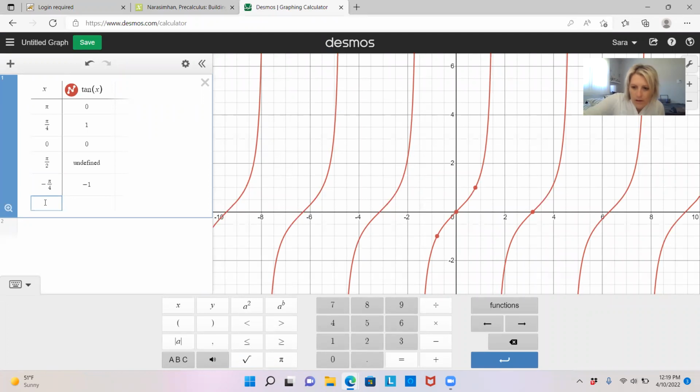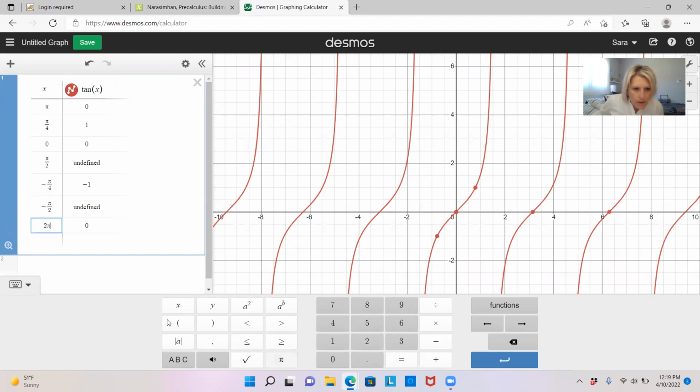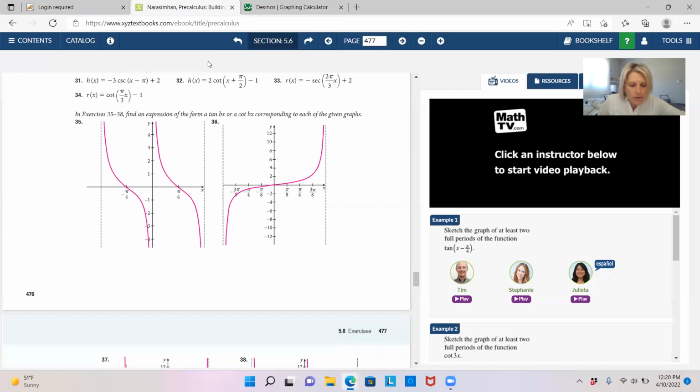Let's do a negative pi over 2. Okay. And let's do 2 pi. And 2 pi would be 0. Okay.